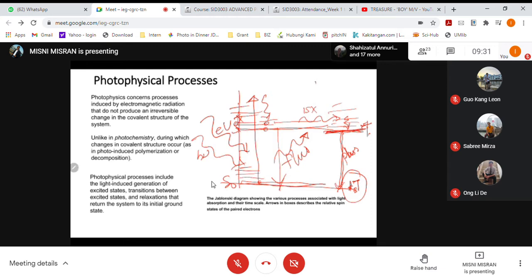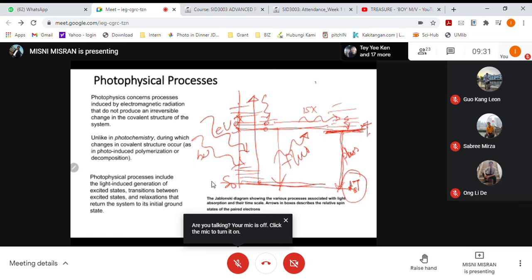So this diagram is the Jablonski diagram. You can draw that, isn't it? No problem.